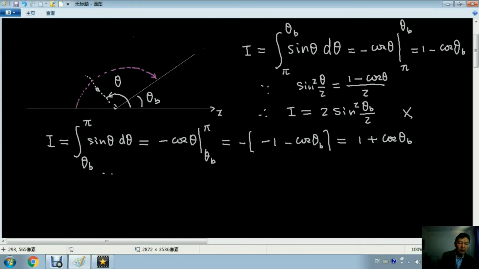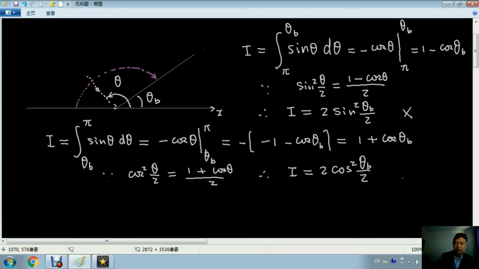According to another trigonometry formula, the cosine square half angle formula, cosine square half theta equals 1 plus cosine theta divided by 2. Therefore, the correct integral must be written as 2 cosine square theta b divided by 2. So this is the correct formula for the integral.